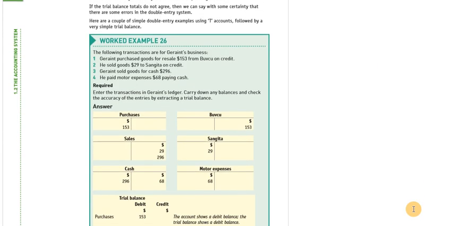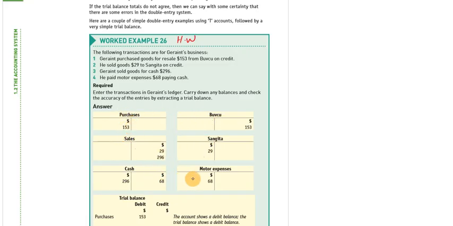Work example 26. This is again your homework. We have already done it. Here are some transactions. Enter the transactions in ledgers, carry down any balance, and check the accuracy of the entries by extracting a trial balance. Firstly, we put these business transactions into ledgers, and finally we make a trial balance from these ledgers.